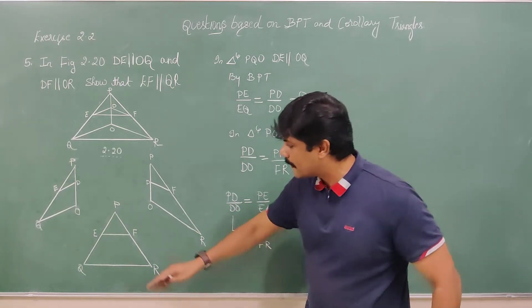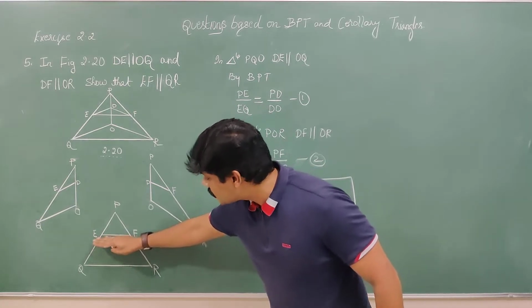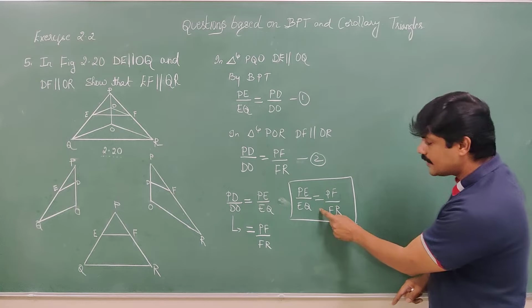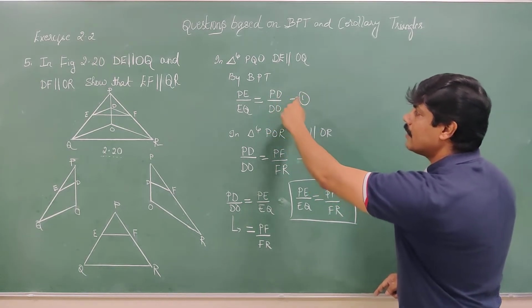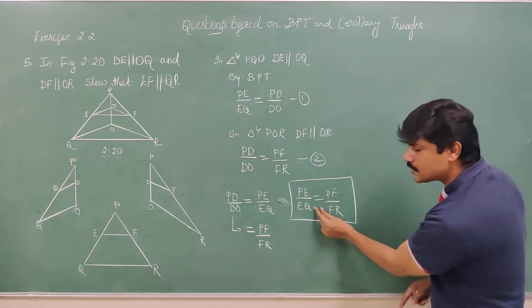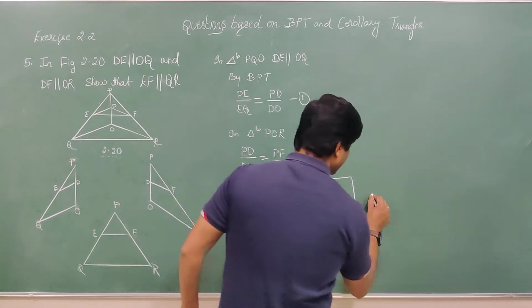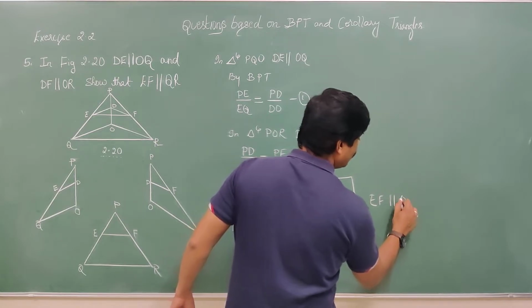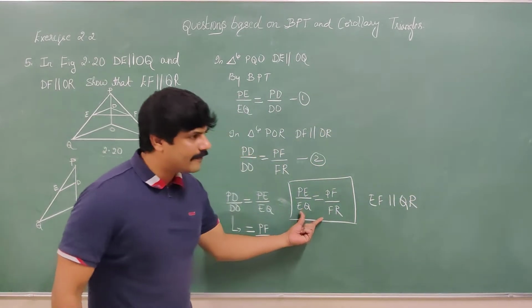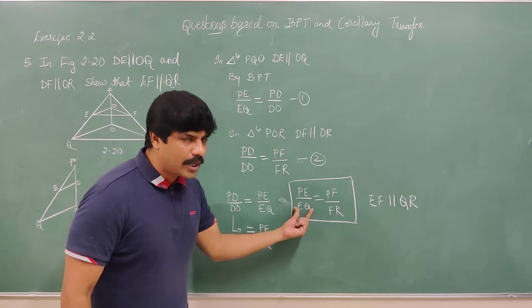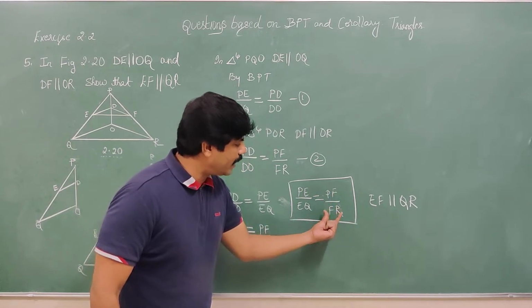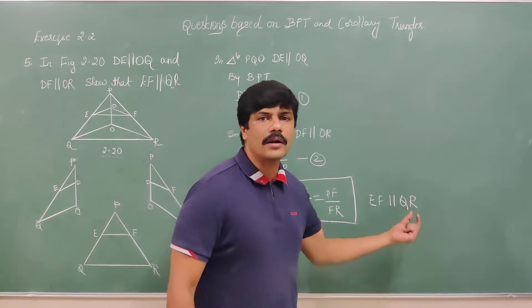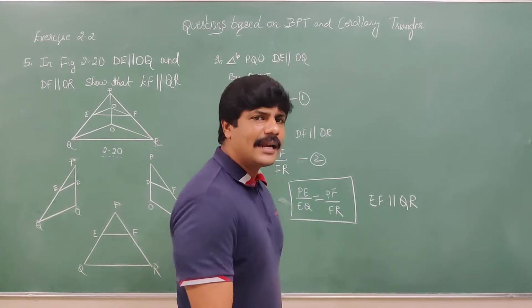It means that EF must be parallel to QR. This condition is possible only when EF is parallel to QR. If PE by EQ were not equal to PF by FR, then we wouldn't have got EF parallel to QR. Did you understand? It is very, very clear.